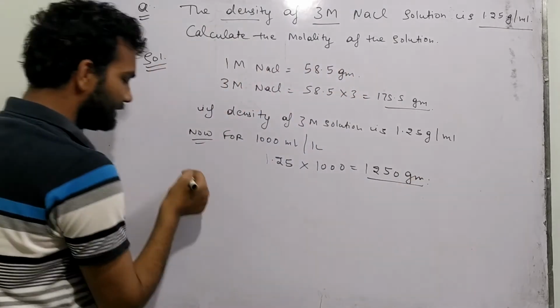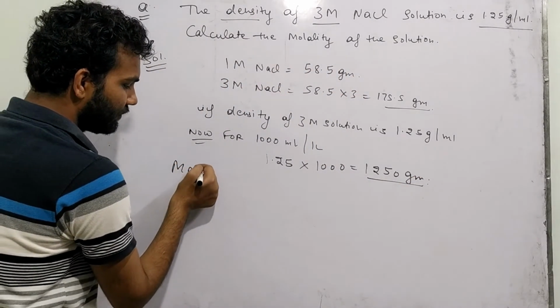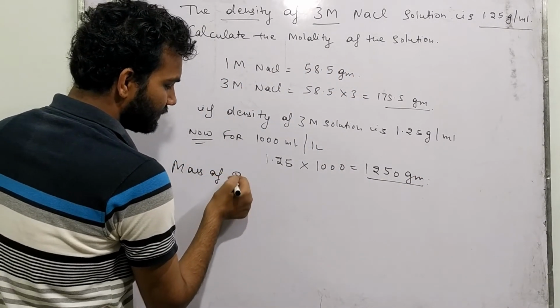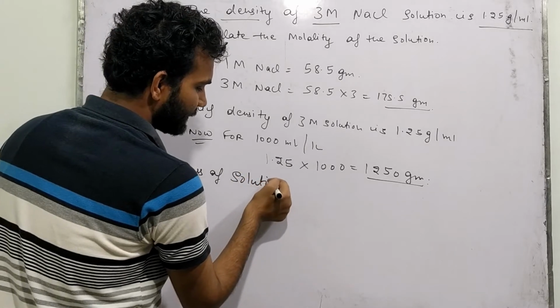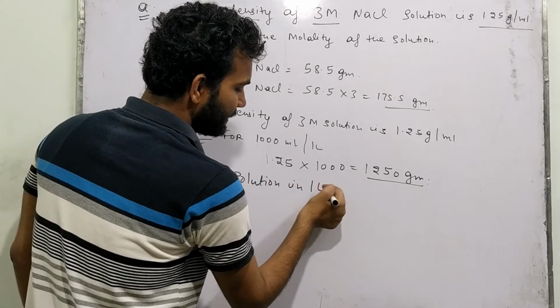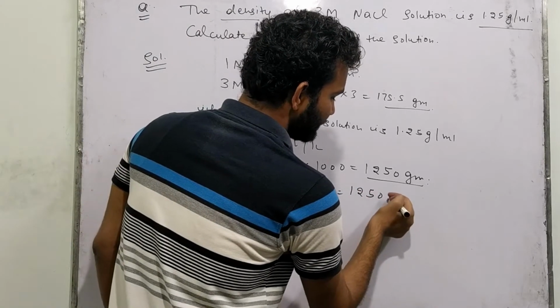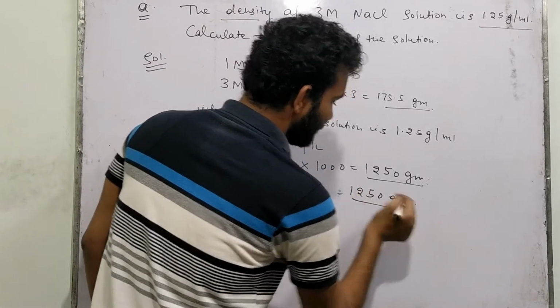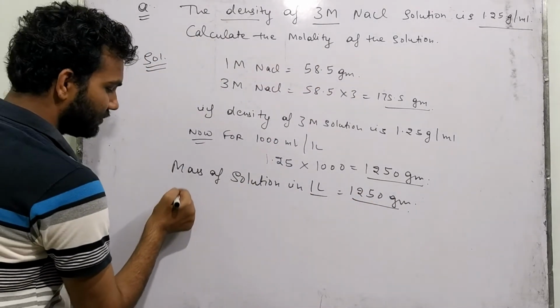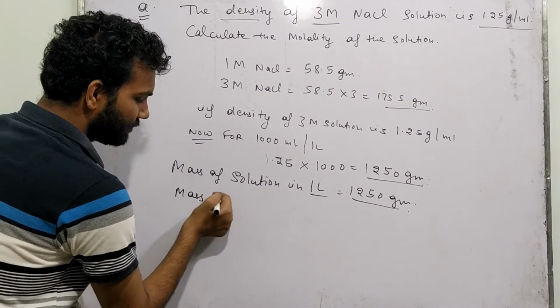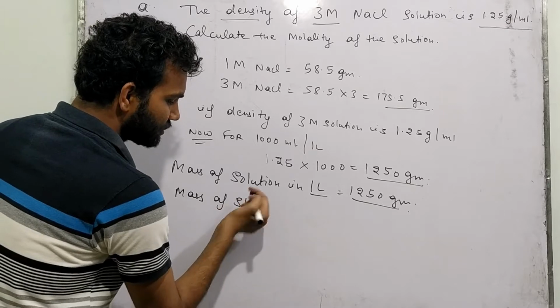So what is that? This is the mass of solution in 1 liter. That is equal to 1250 gram. Now you have to tell what is the mass of solvent.